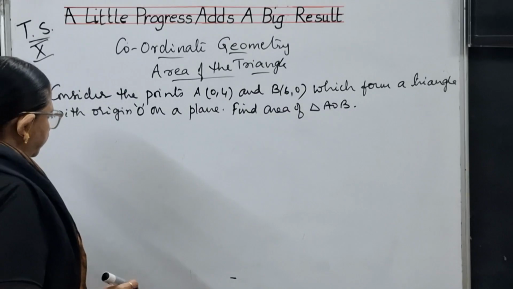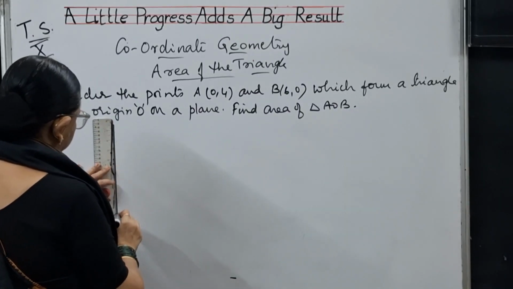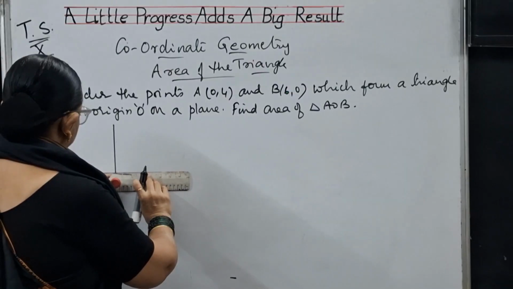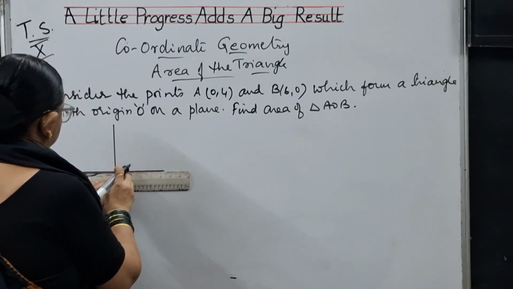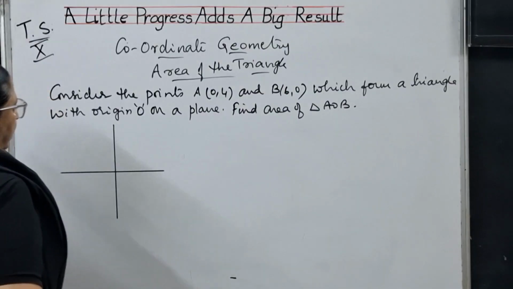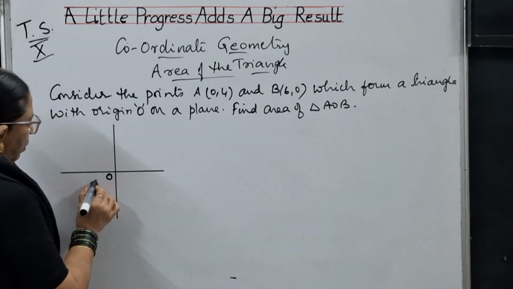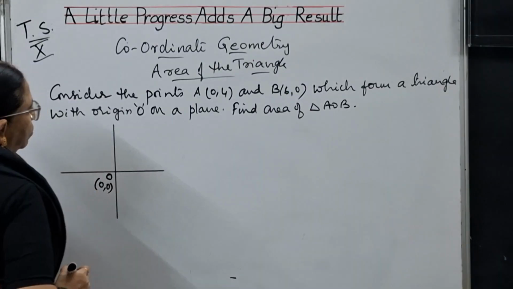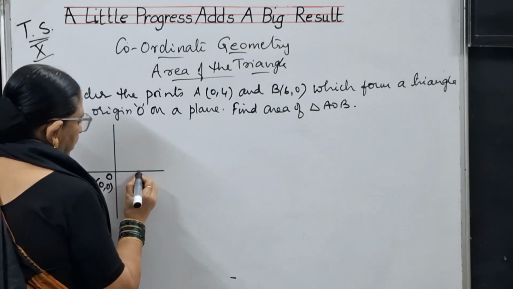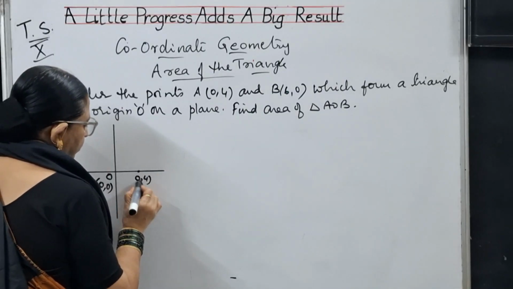Plane in the sense, let us take coordinate axes x and y. These two are the coordinate axes x and y. O is the origin. So what are the ordered pairs of O? (0, 0). Now you have got a point A, let us suppose this is (0, 4).